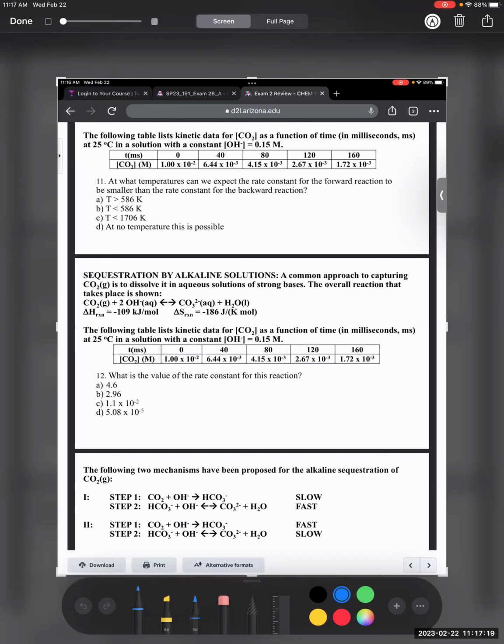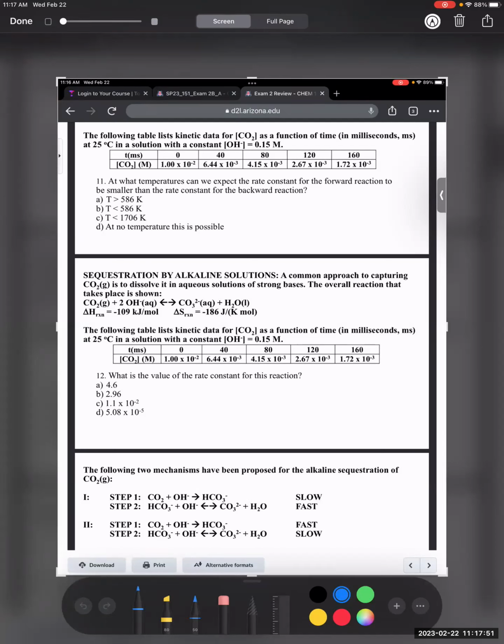Now this is something we did not specifically talk about in class. But if you think about it, when we have the equilibrium, it's a dynamic equilibrium.